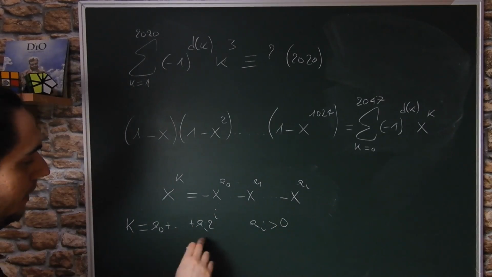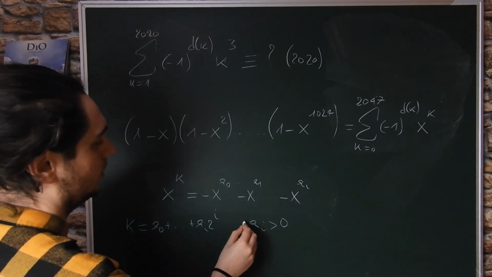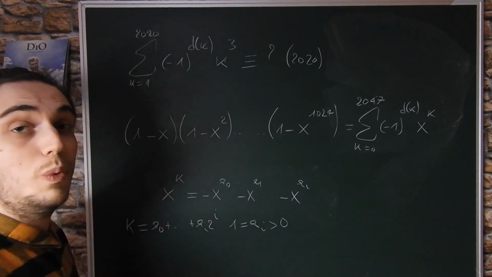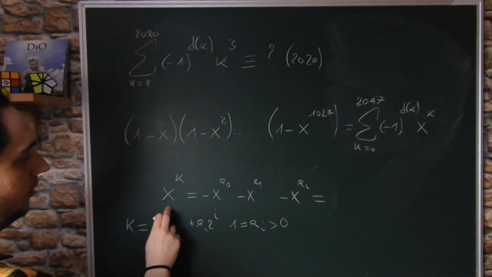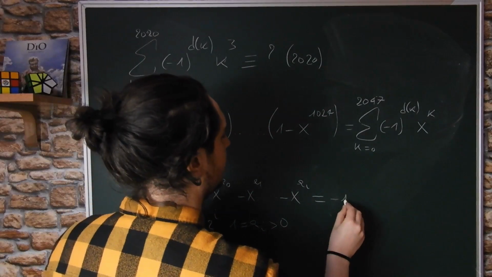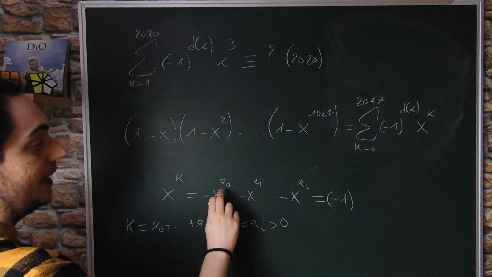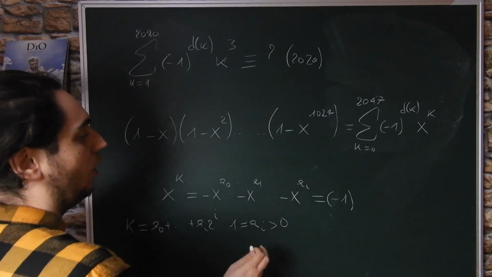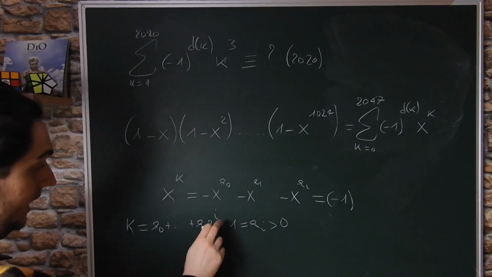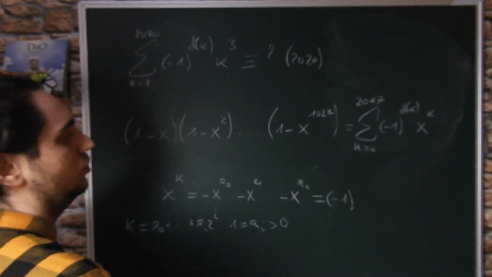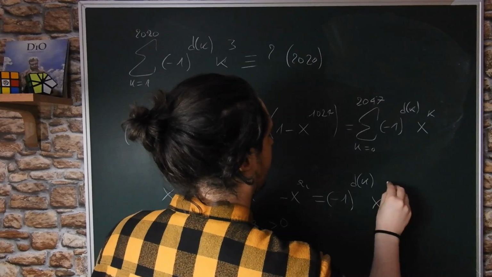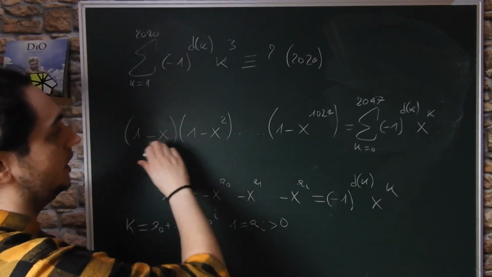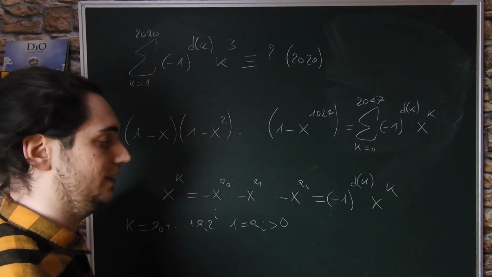But this is an expression of k in base 2, so these a_i are exactly 1. So in this way, the coefficient of x^k is exactly -1 to the power of the sum of the non-zero entries of the expression of k in base 2. So this is exactly d(k), times x^k. And this gives this particular identity.